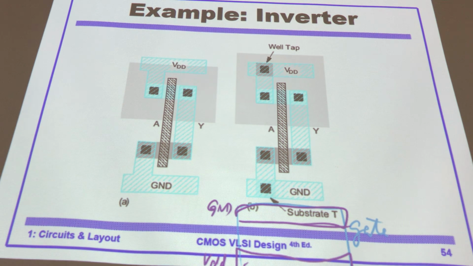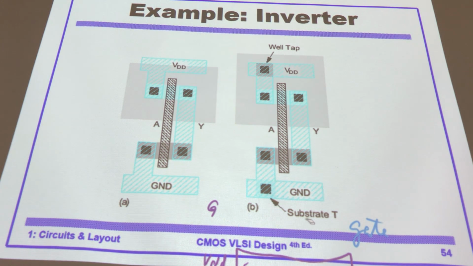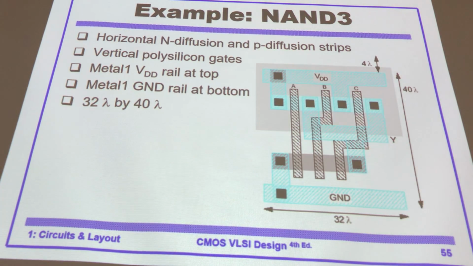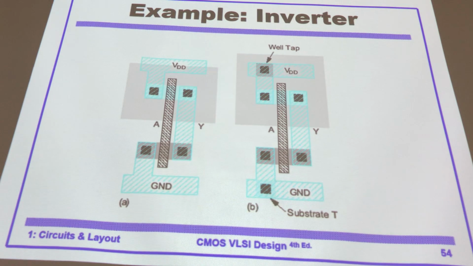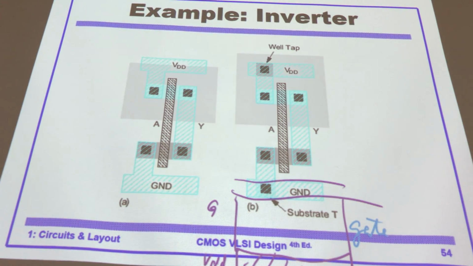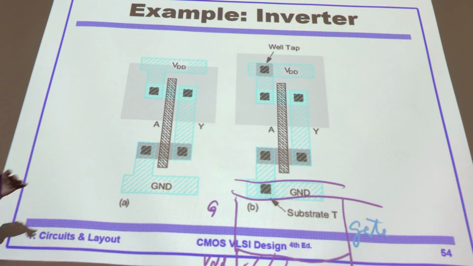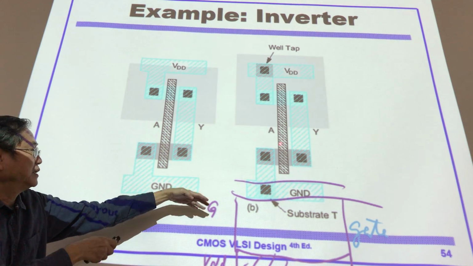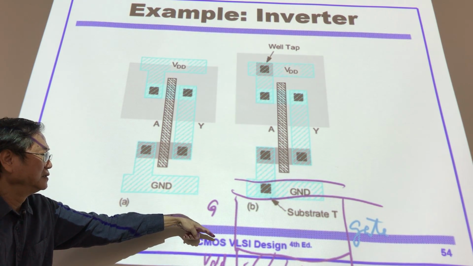And try to combine these two to save chip area. What I'm saying is that the cell below that will share the same ground rail. Okay? Below this cell, there's another cell here.